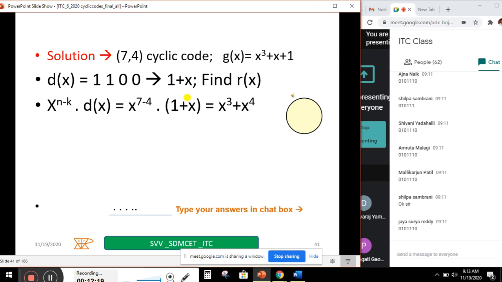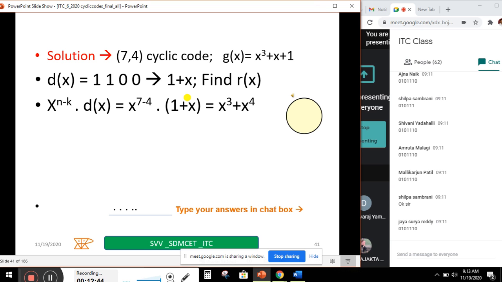Let us first write down x raised to n minus k into d of x. It will become x cube plus x4, what I got. You can also try. If your answers are different, let me know. I will also change my answer. If the majority are getting the same answer, then it should be correct.